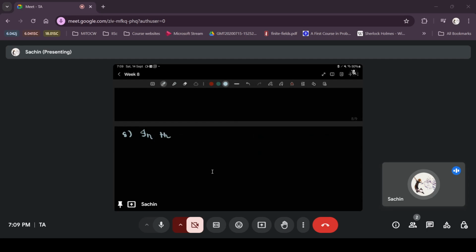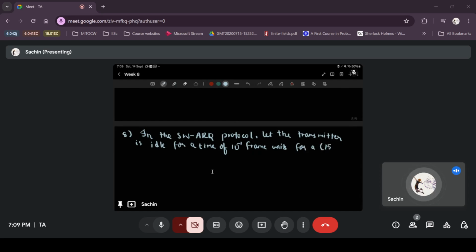In the SWARQ protocol, we found the efficiency for Go-Back-N ARQ protocol. This is a drill problem: finding the efficiency for SWARQ, stop and wait ARQ, for an idle time of 10 power minus 1 beta frame units, and N and K values are 15 and 11.